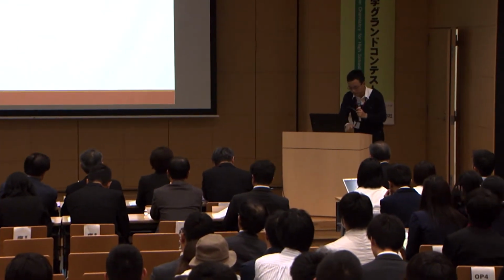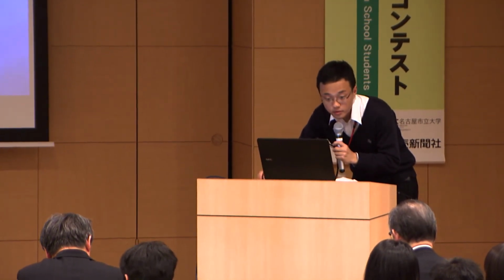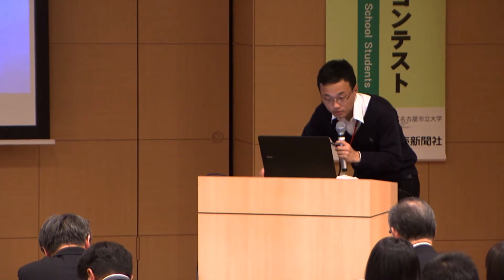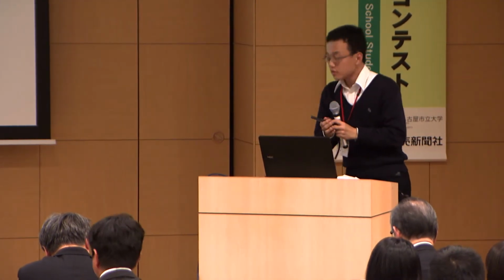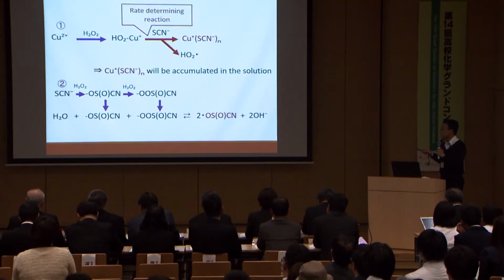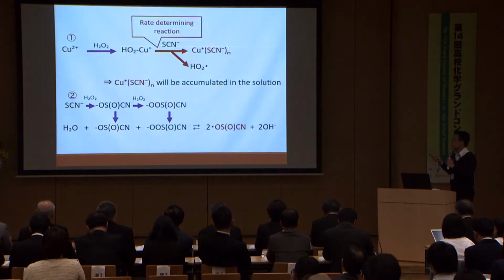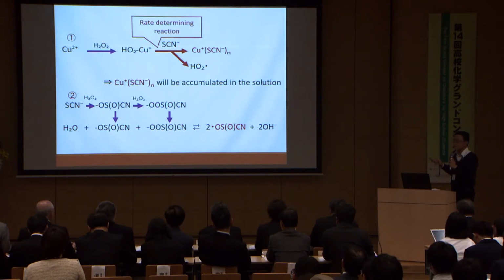So let me explain. Just hold on a second. As you can see, at the beginning of the reaction, this Co2+ will react with H2O2 and SCN negative ion to generate this complex, and this complex will be accumulated in the solution.